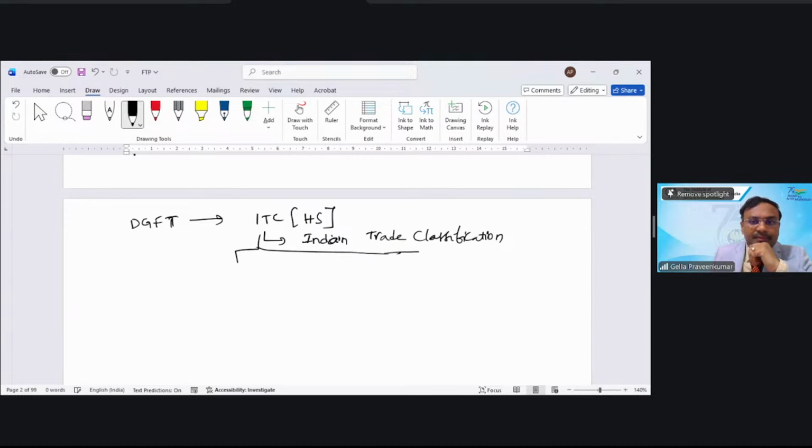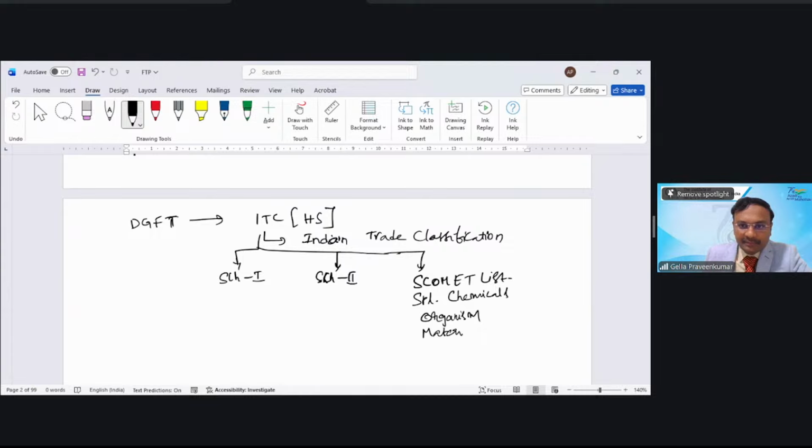Under this foreign trade policy, we come across this particular term called the SCOMET list, which talks about special chemicals, organisms, materials, equipment, and technologies.